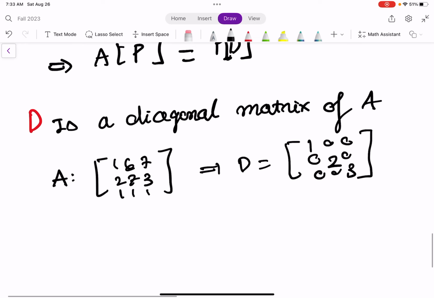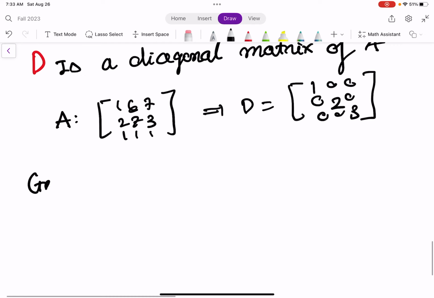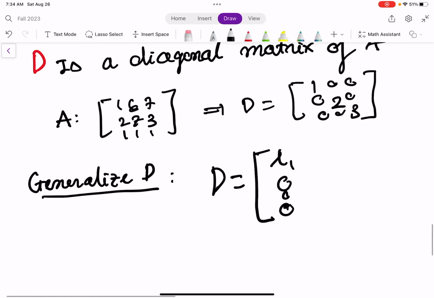So it's based on A, so we can generalize D to be lambda 1, 0, 0, 0; 0, lambda 2, 0, 0; and then you have 0, 0, 0, lambda n.